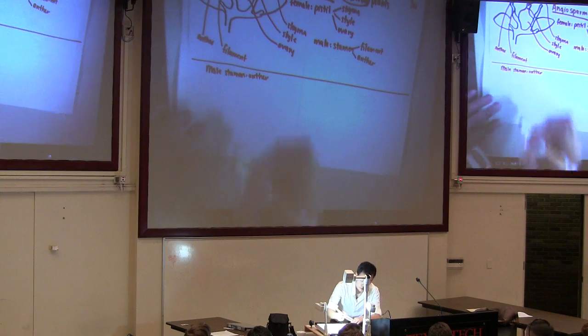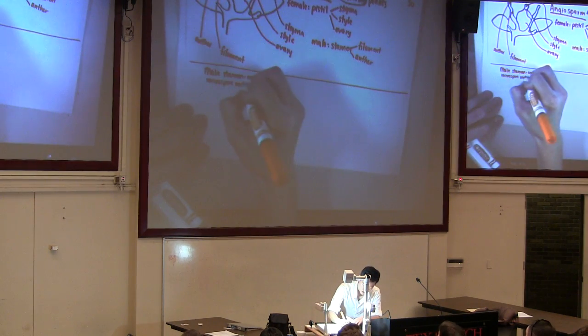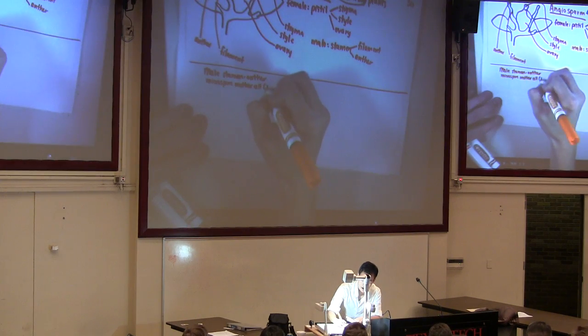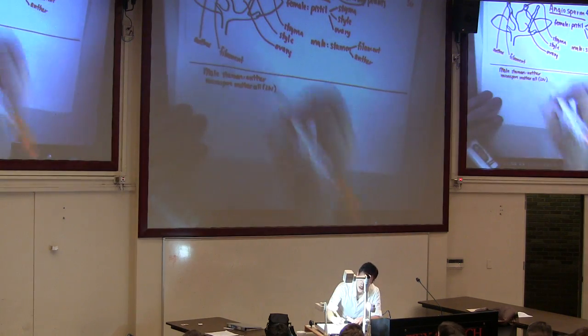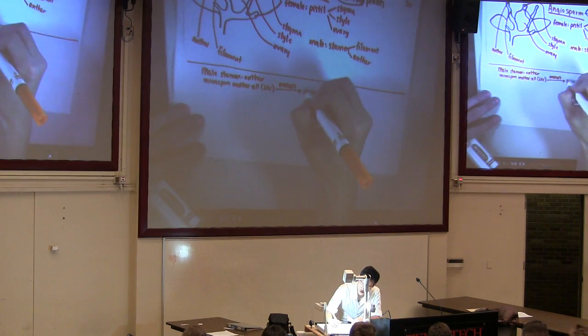You have the microspore mother cell, which is diploid, that undergoes meiosis to produce a microspore.